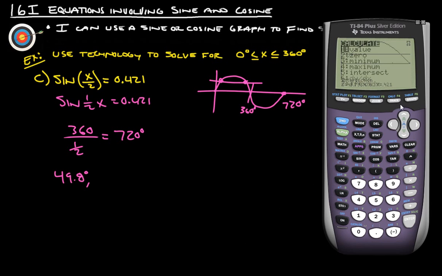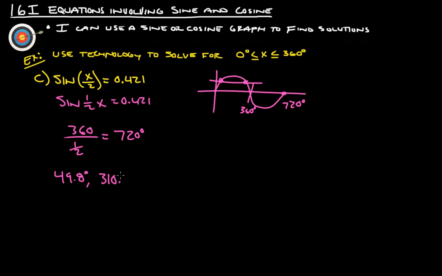And then the second one, I'm going to go over here. Again, as long as we're closer to this side than the other side, it should work. And there it is, 310.2. So by calculator, that's those 2.